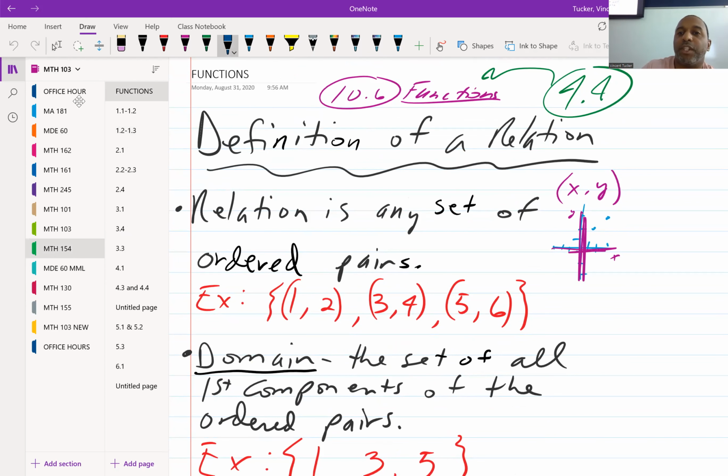Start off with the definition of a relation. A relation is just any set of ordered pairs.